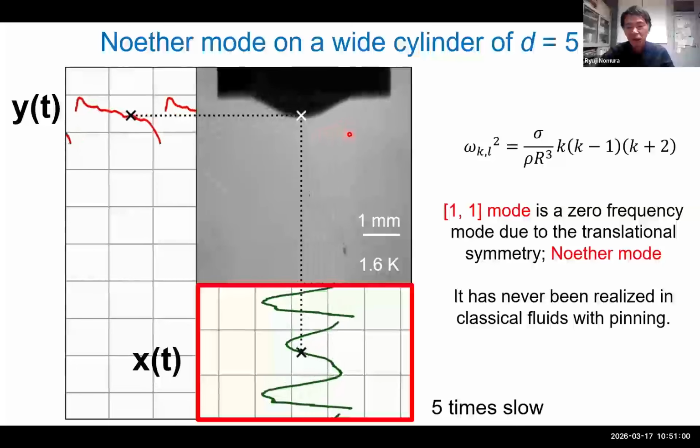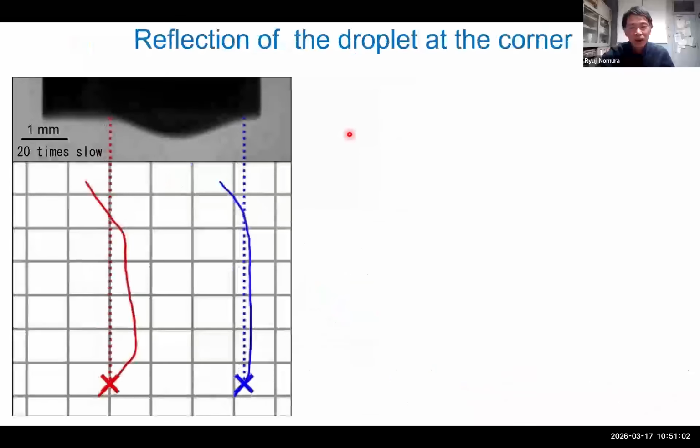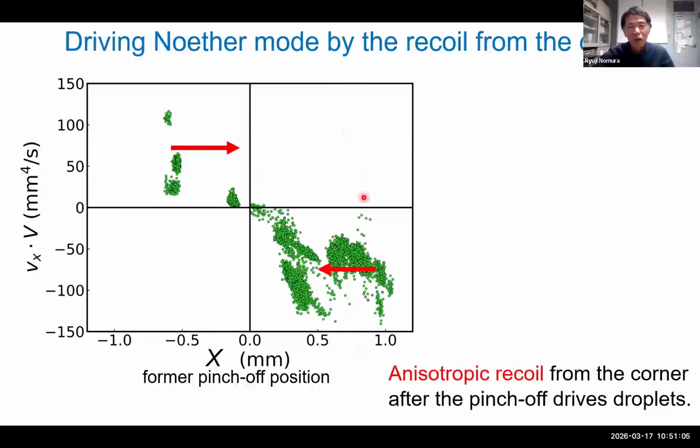That's my interpretation. You may wonder why, when it pinches off around the center, it doesn't move much. In this case, whether it's really not moving or moving along this side, I cannot distinguish, because I only observed from one side.